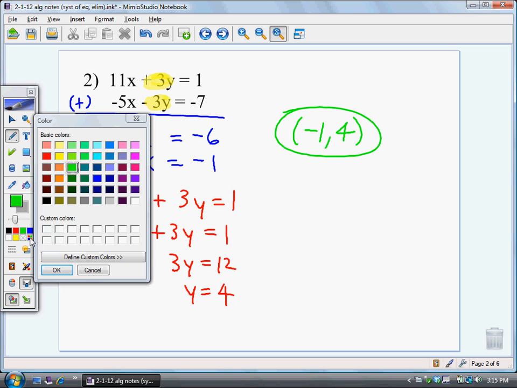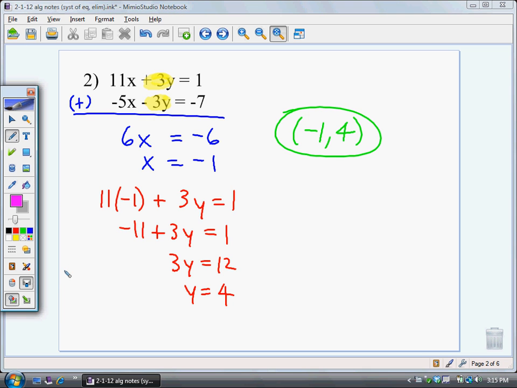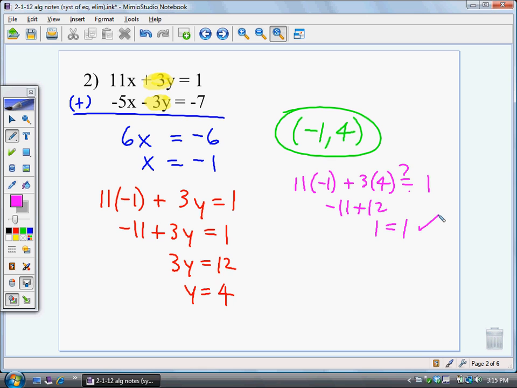Again, check it. I'm not going to show the check every time, but I'll show it one more time. 11 times negative 1 plus 3 times 4, and the question is, does that equal 1? Negative 11 plus 12. That is 1, so it checks. Into the second equation, you have negative 5 times negative 1 minus 3 times 4.